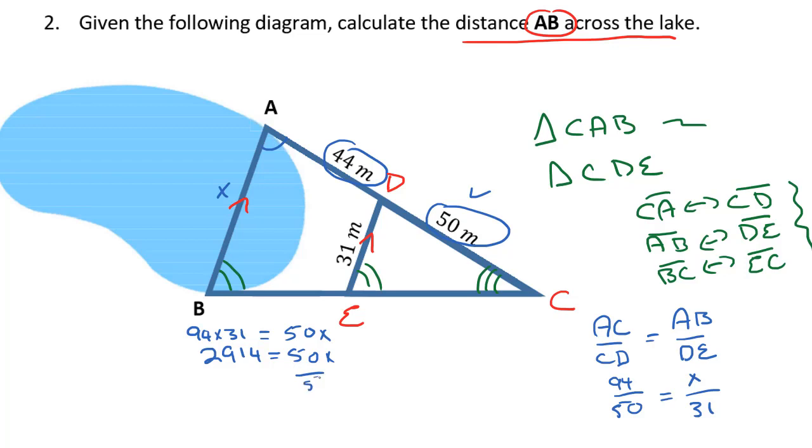We're going to divide both sides by 50, and X is going to equal 53.962 repeated. So we can round that off now that we're finished all of our calculations, and we're going to end up getting X is going to equal 54 meters. And the distance across the lake at point A and B is going to be 54 meters.